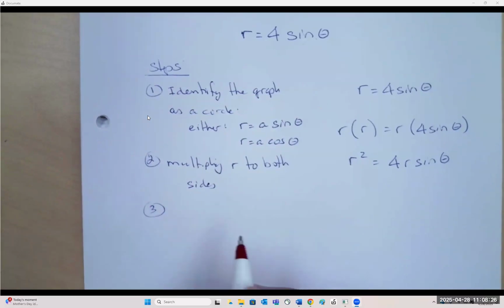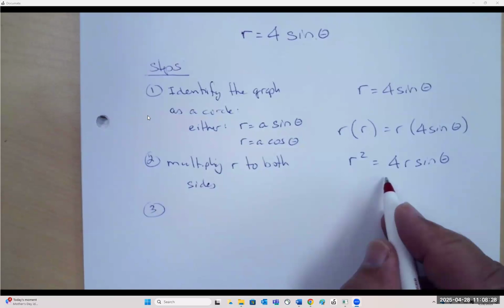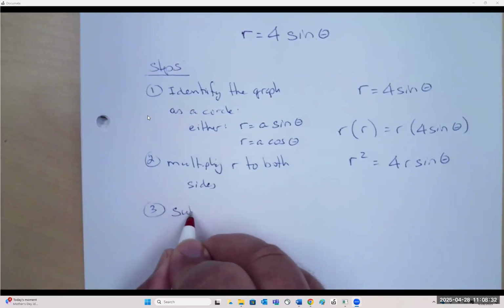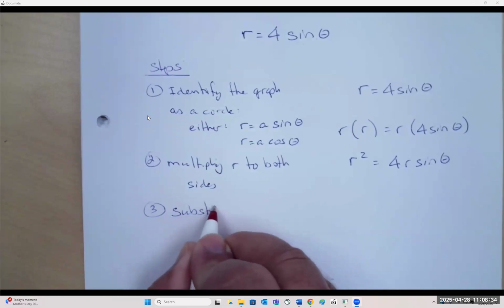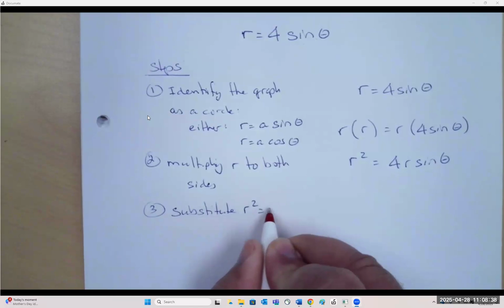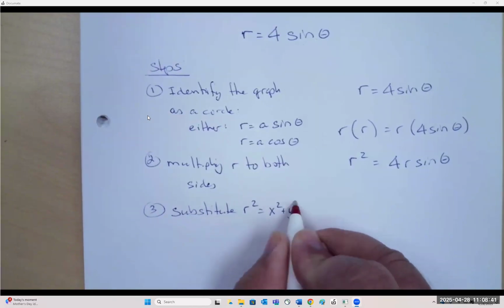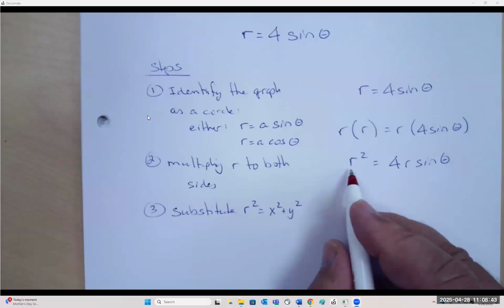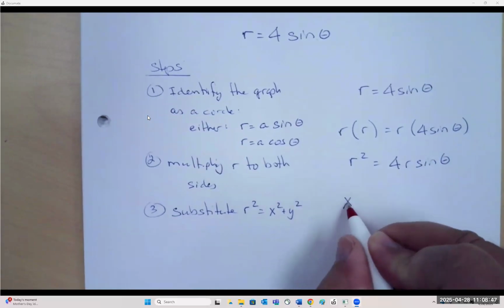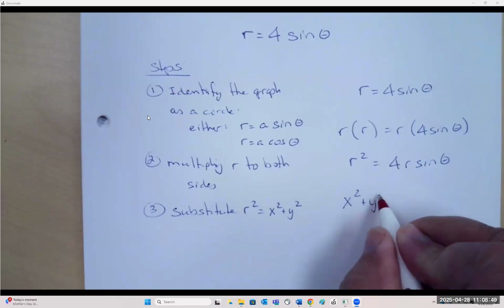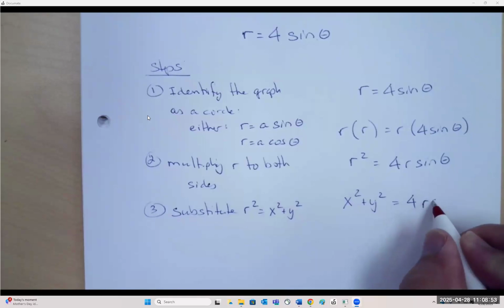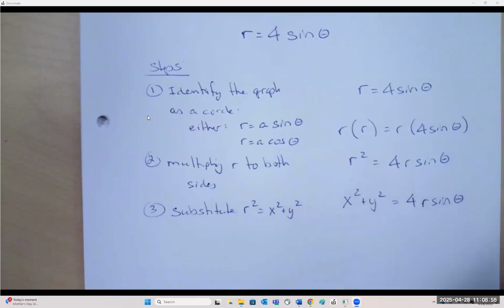Third step. Substitute r squared equals x squared plus y squared. Remember, it's a circle. So there's our equation of a circle at the origin. So we have x squared plus y squared equals 4r sine theta.